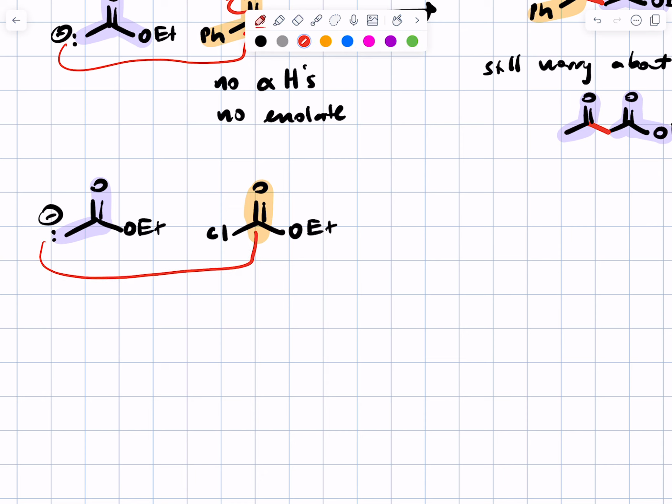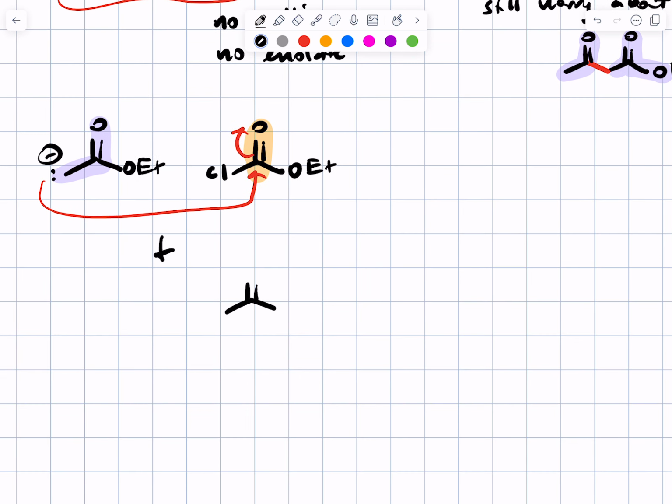You can have the alpha carbon attack the carbonyl carbon as expected. This would give you a tetrahedral intermediate. The bond formed is now in red. Here's the negatively charged carbon. But now we've got leaving groups all over the place, and it turns out chloro is the better leaving group.